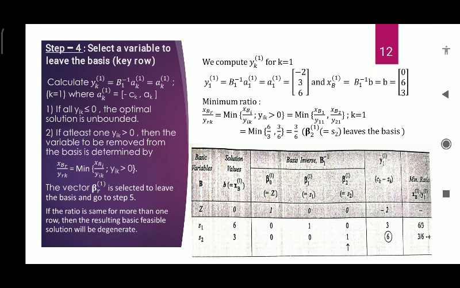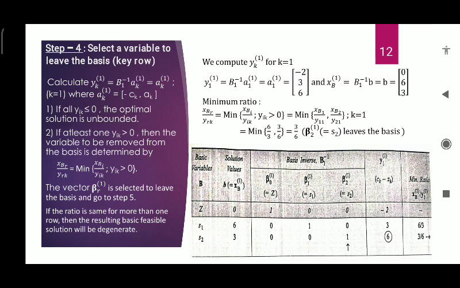Similarly, the second value is 3 by 6. Using this, you will get the minimum ratio 3 by 6, that is 1 by 2. This corresponds to the S2 variable. So here we say that S2 is the leaving basis variable. We select S2 as the leaving basis variable.